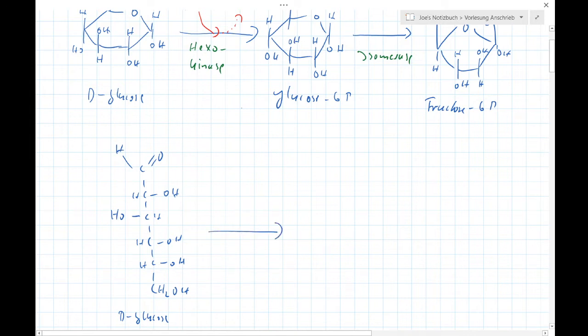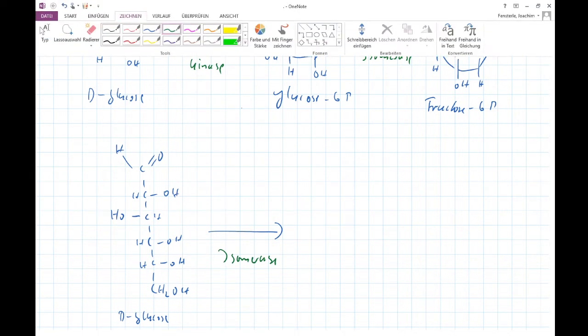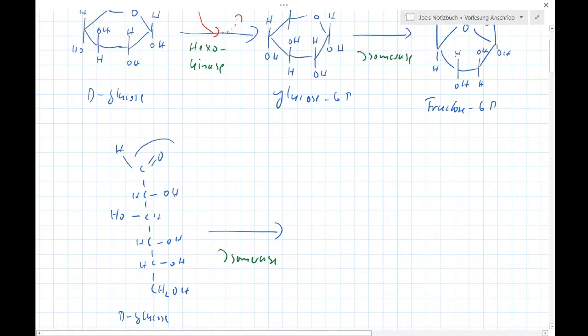If I have my isomerase now on this molecule, the only C double bond oxygen is here. So this is my aldehyde group. I move that to the next position. I just put my carbons first: 1, 2, 3, 4, 5, 6. Now I move this group down there, and what I get is a keto group here.